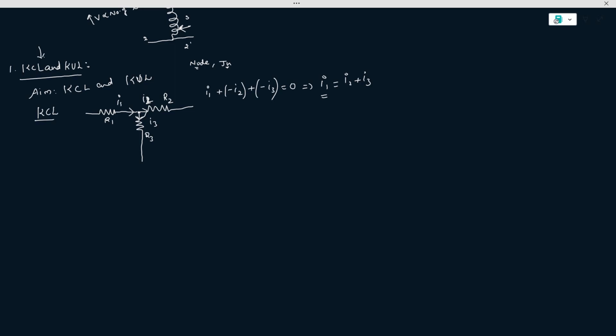So to verify this KCL, what do I require? I must have at least three elements which consume energy. For the sake of simplicity, I'm considering three resistors here, R1, R2, R3. And if I want current in the circuit, definitely I need a source.